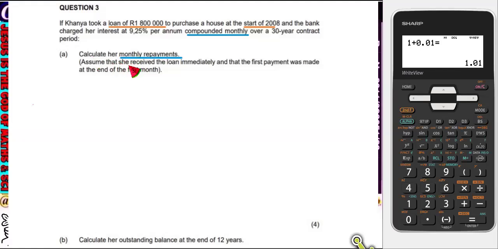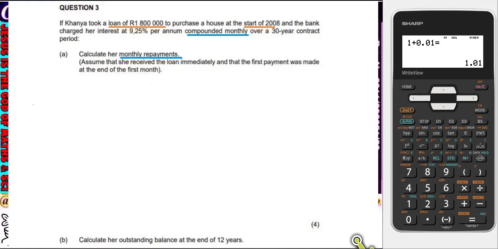Assume that she received the loan immediately, and that her first payment is 1 month later. First payment was made at the end of the first month.